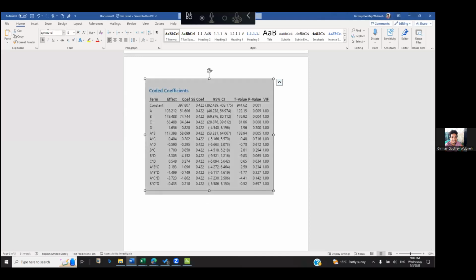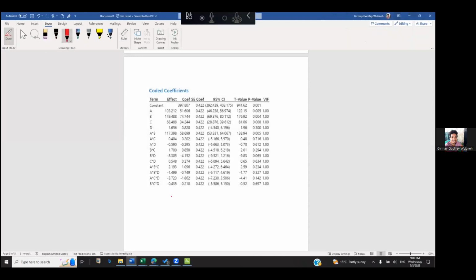So analyze the factors: the p-value for A is 0.005, less than 0.05.